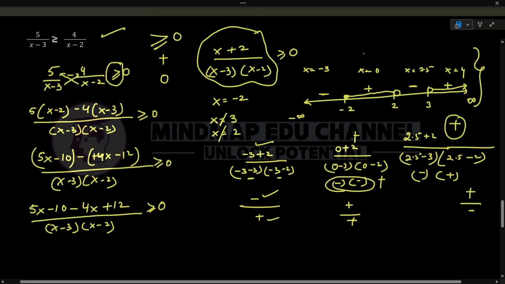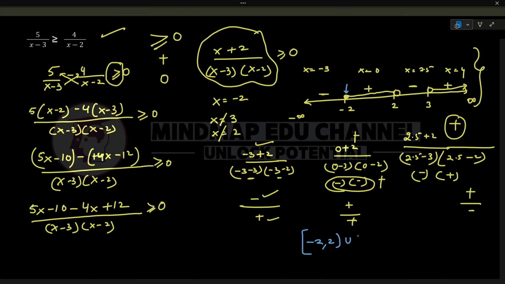It will be from minus 2 to 2, and check the bracket: it's a closed circle here, so it will be this and here. Then union 3 to infinity. Clear? So this is in interval notation.